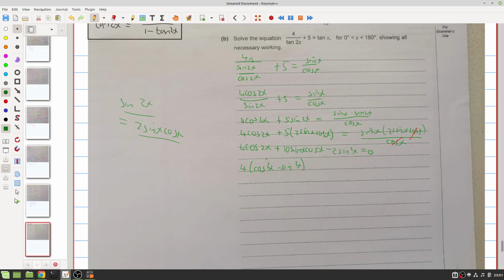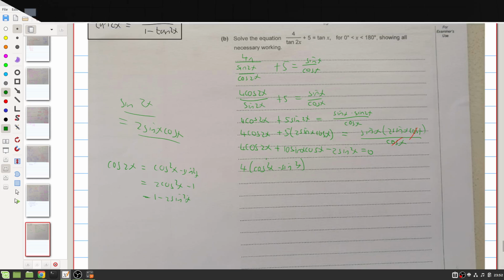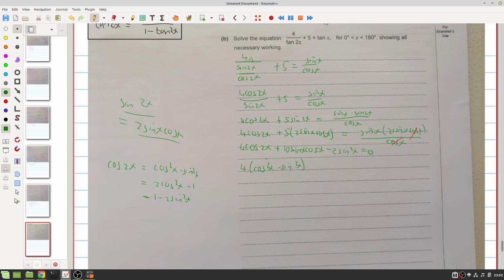Okay, so just to write down the rule here again, cos 2x, we've got different options. It's either cos squared x minus sin squared x, or it's 2 cos squared x minus 1, or it's 1 minus 2 sin squared x. So because of those 3 options, it's difficult to know which one is best. Now I'm going to use this one. I believe that's going to work out the nicest here. Okay, so plus 10 sin x cos x minus 2 sin squared x.